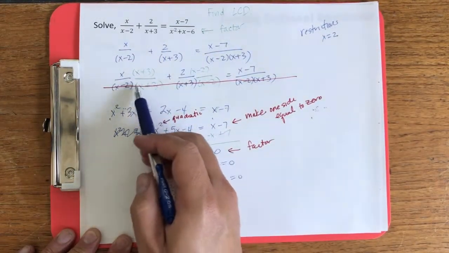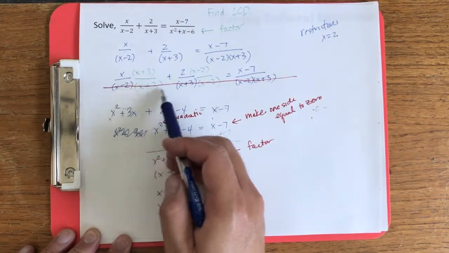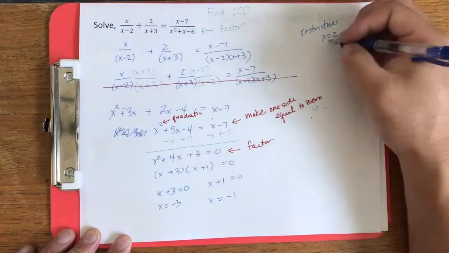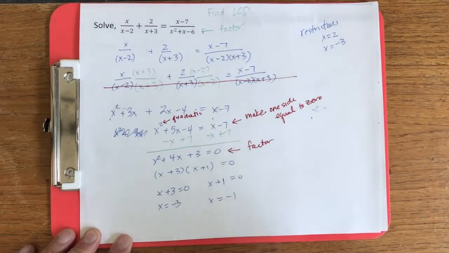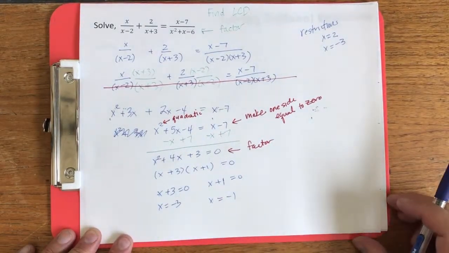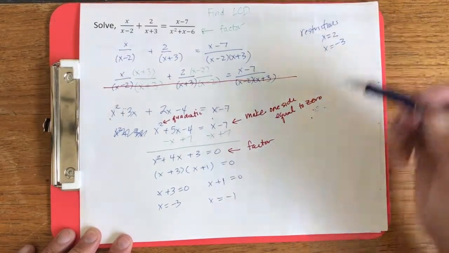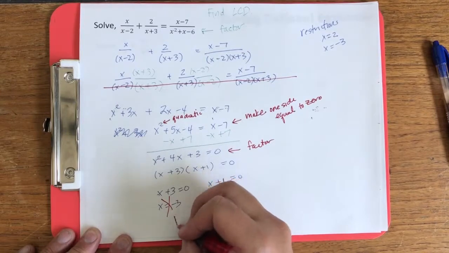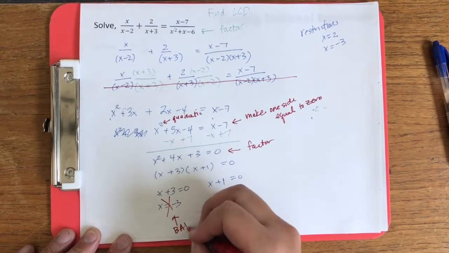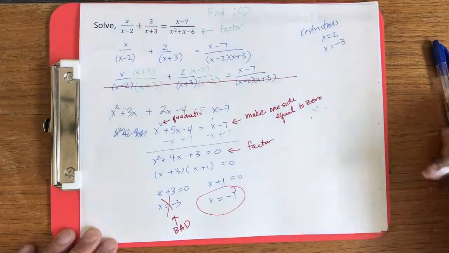What number would make this binomial 0? And the answer is x is equal to negative 3. So any answer is correct as long as it is not 2 or negative 3. And when we check that with what we computed, we can see that this right here is a bad answer. This is our only answer.